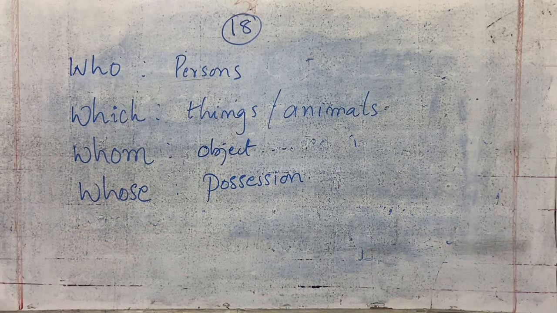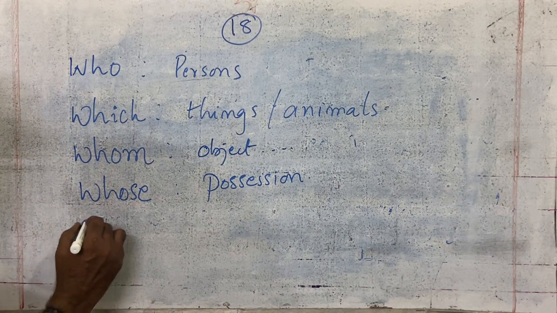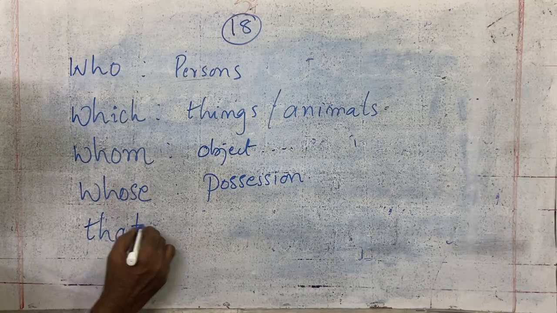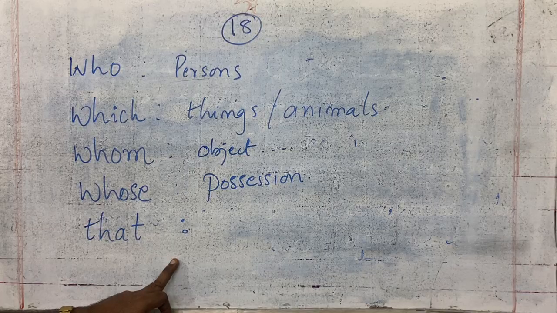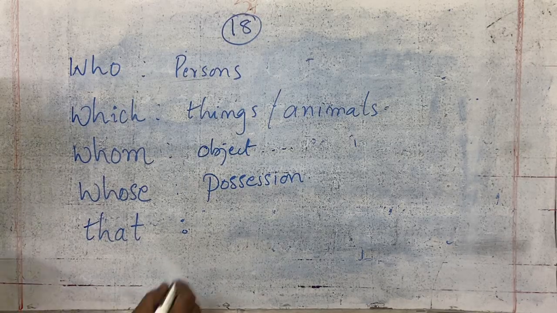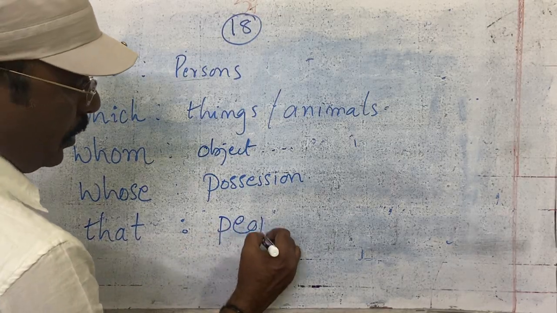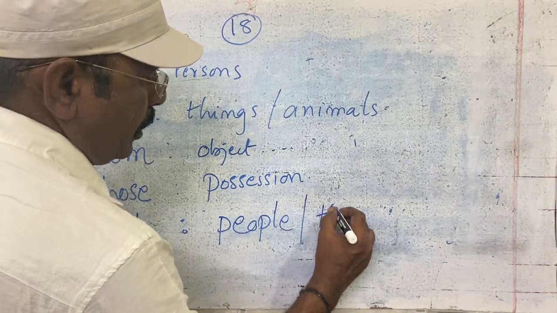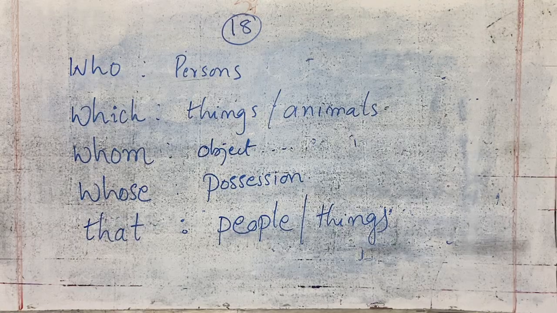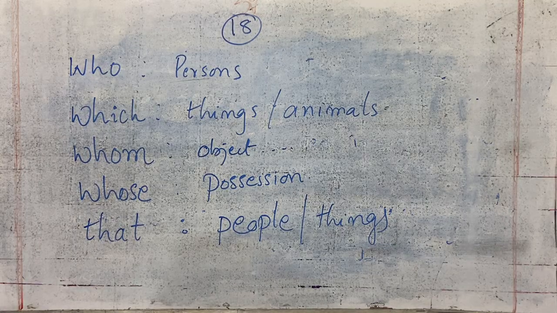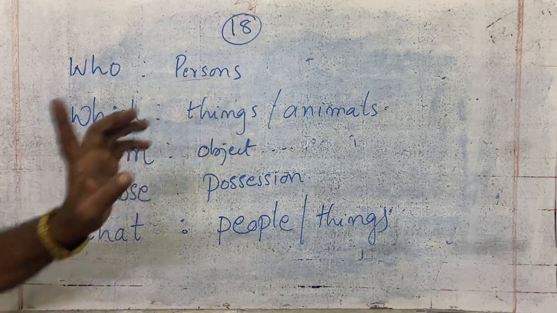One more is that. That is also used for people or things; both we are using this. So once again, the relative pronouns: who, only for persons.